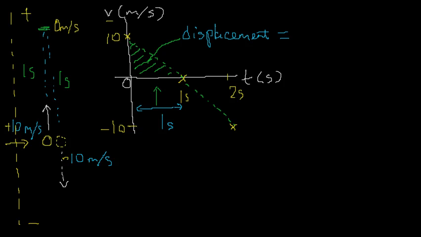But we're pretending that it's a length. And the height is 10 meters per second. So again, this is not really a length. It's a velocity, but we're pretending it to be a length because this shape here is a triangle, and we can find the area of the triangle by taking half base times height. So half base is 1 second times height is 10 meters, and the answer is 5.